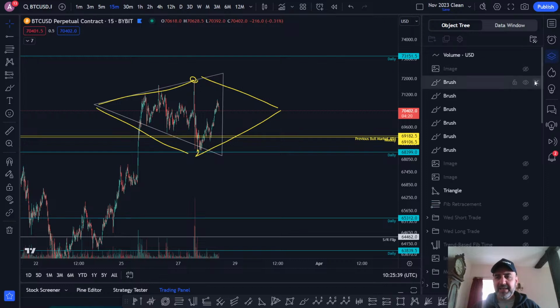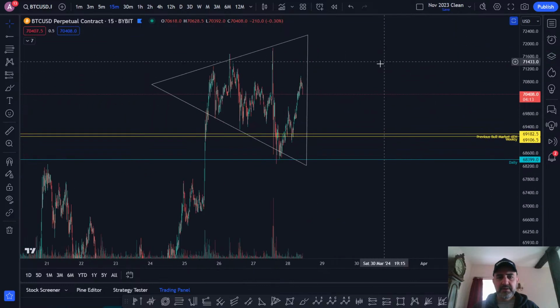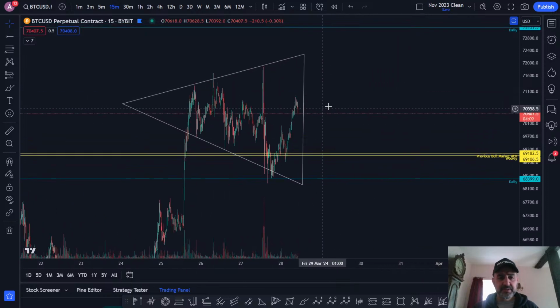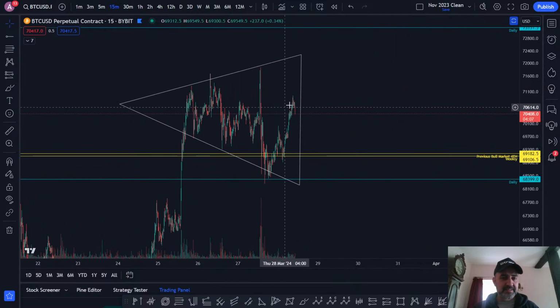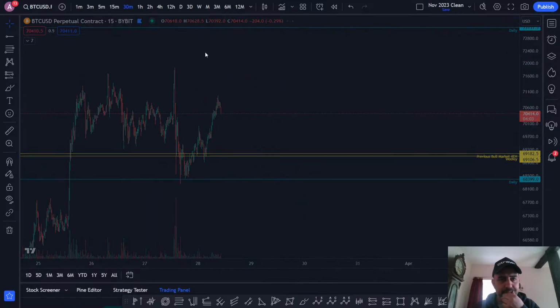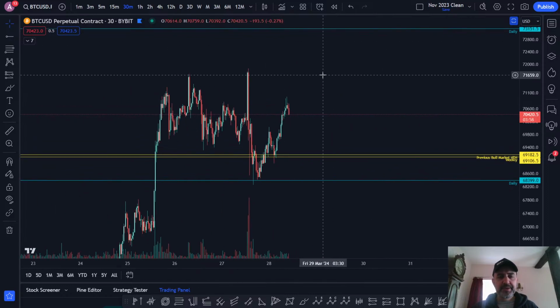So we're potentially looking at two patterns here. We're potentially looking at a megaphone, and also we're potentially looking at a diamond. Now that you can see it, I'm going to delete the triangle and zoom in a little bit.